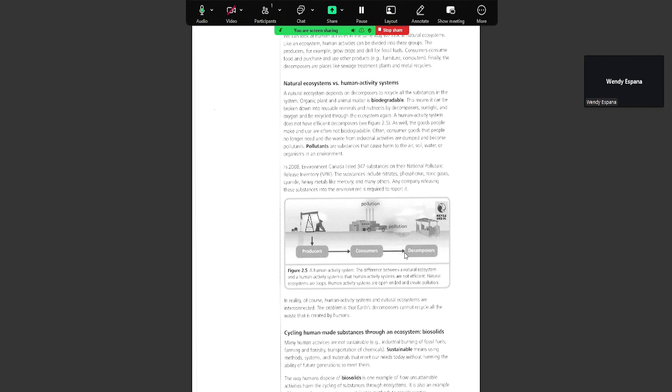Like some of them eventually could over a long time, but some never can. There's plastics. There's some other toxic chemicals. Those are not gonna break down and turn into nice rich soil that can be returned to the ecosystem. So that's in a human activity system.